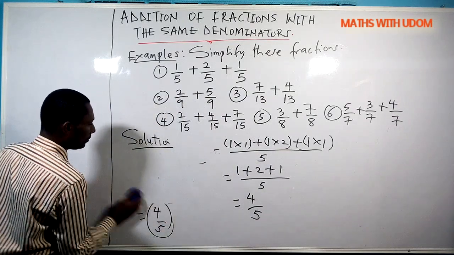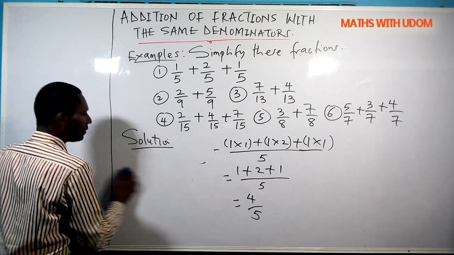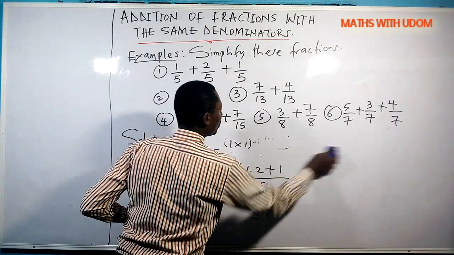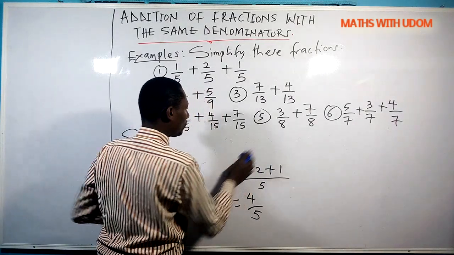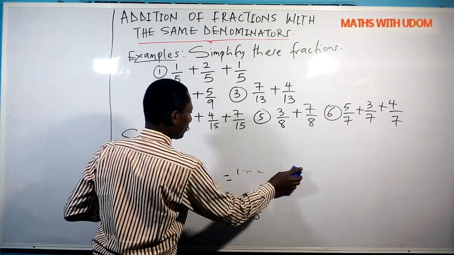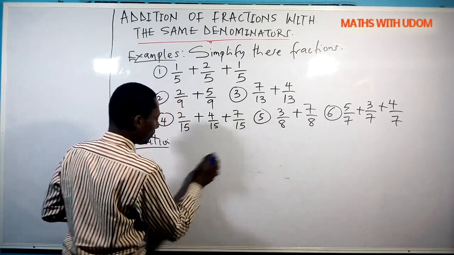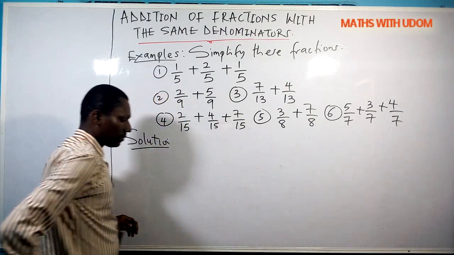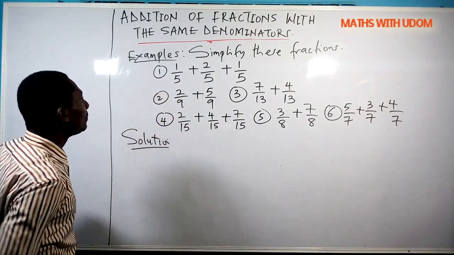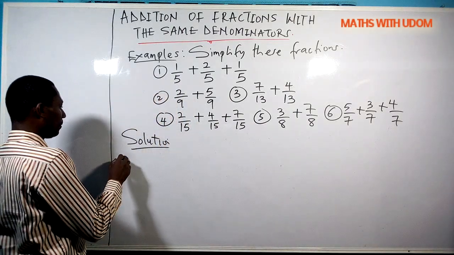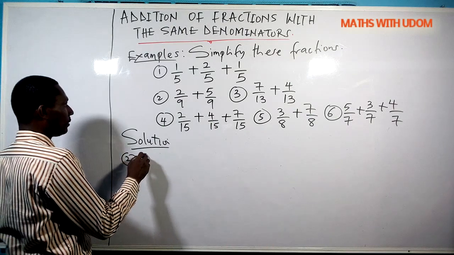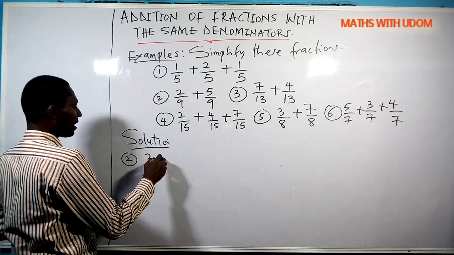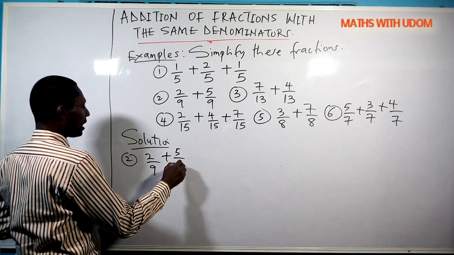Okay, number 2, using the same approach. So what's in number 2? We have 2 over 9 plus 5 over 9.